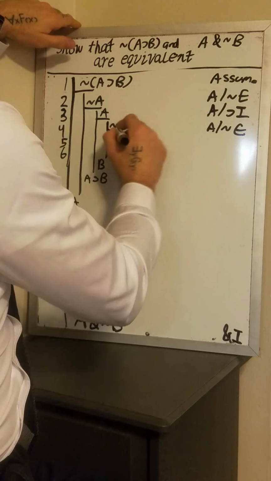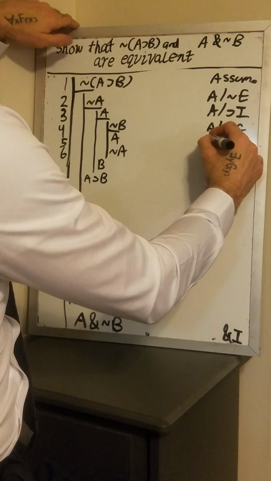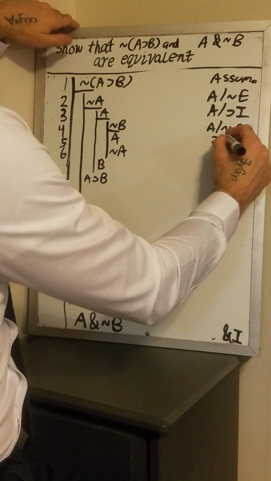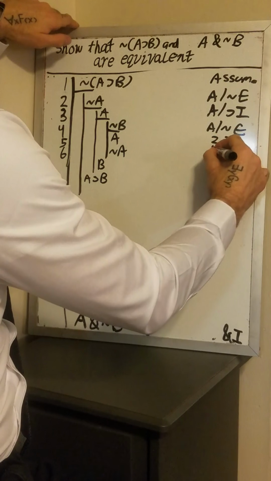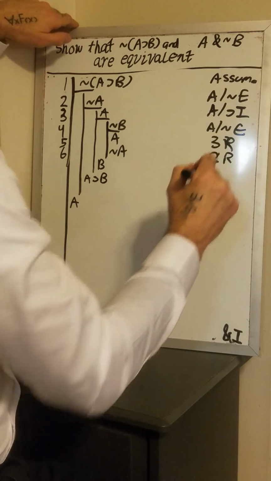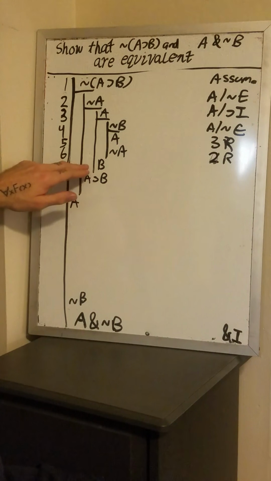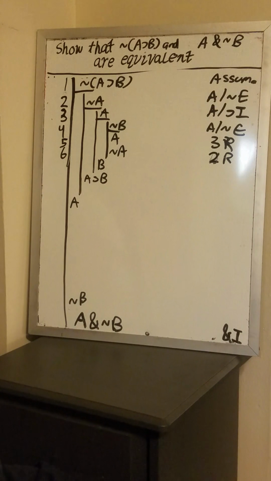So lines 5 and 6 are A and not A. And we get those by reiteration on line 2 and 3. And now we can close this and we get line 7 by negation elimination lines 4 to 6.